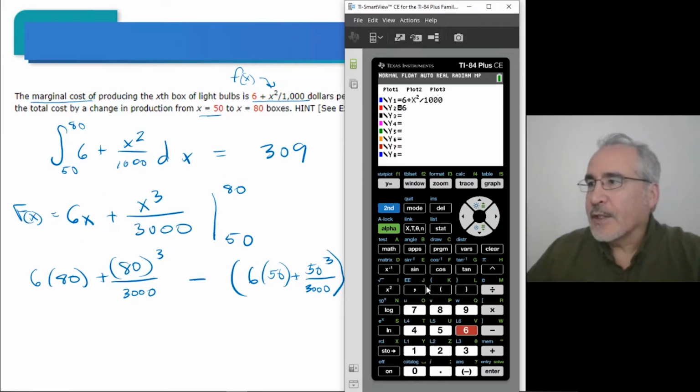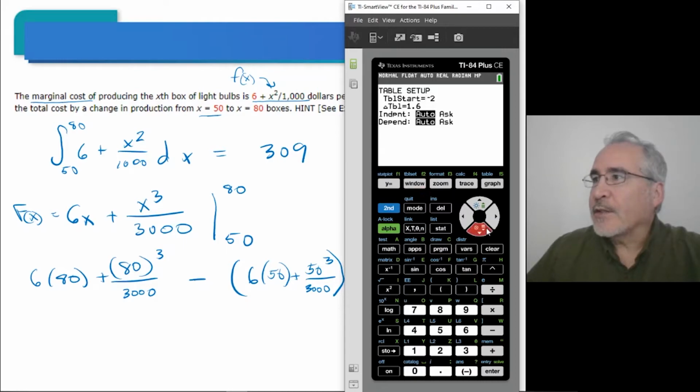So we're putting in 6x plus x cubed divided by 3,000. No, not times. Divided by 3,000.